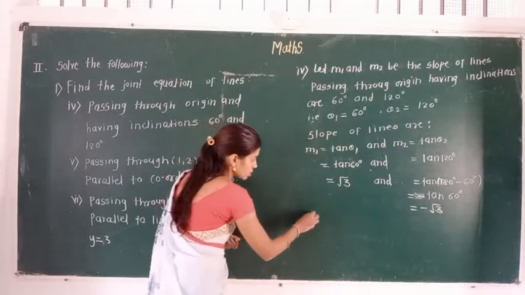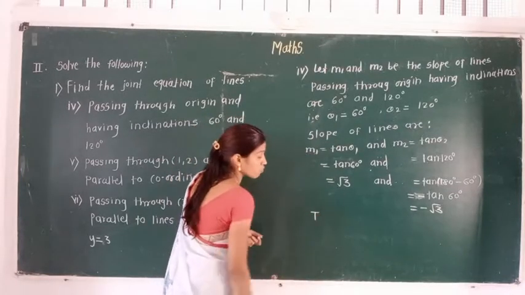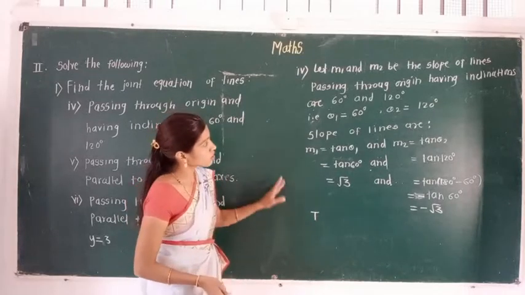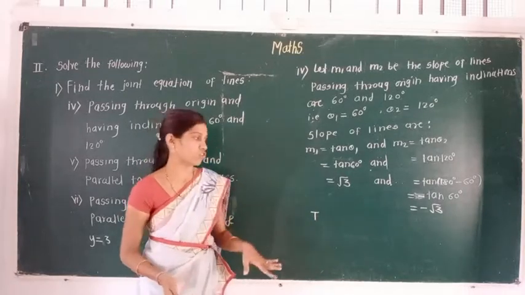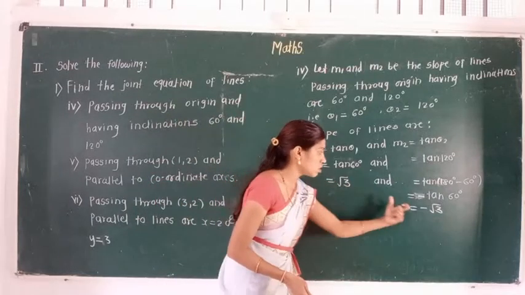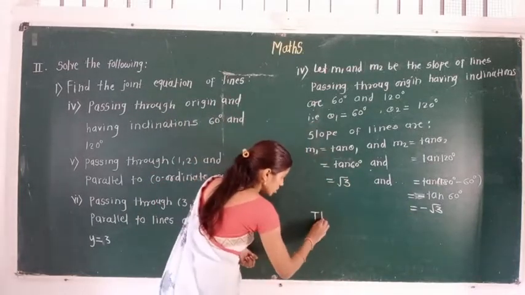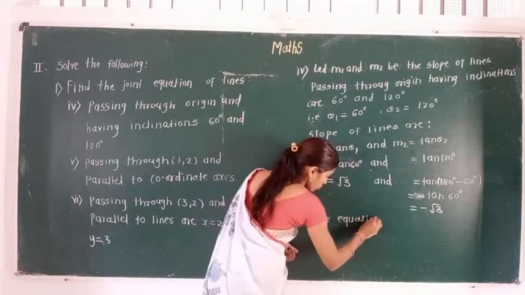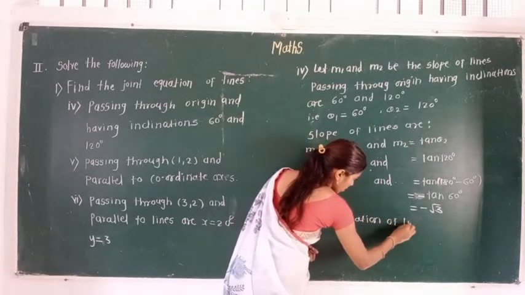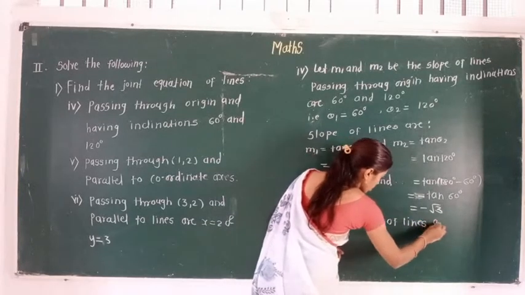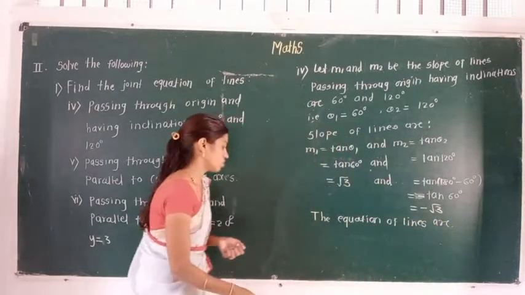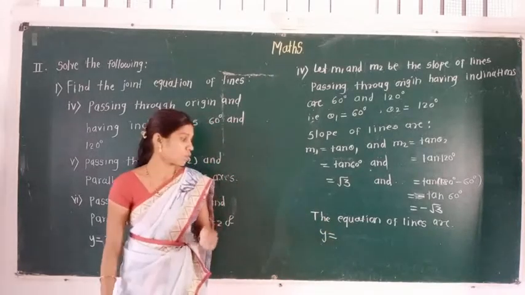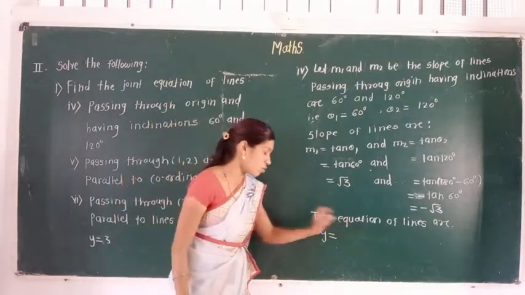Now, to find their joint equation, first of all we have to find the equation of the lines. The given two lines pass through the origin and have slopes √3 and minus √3. We know that the line passing through the origin with slope m is y equals mx.